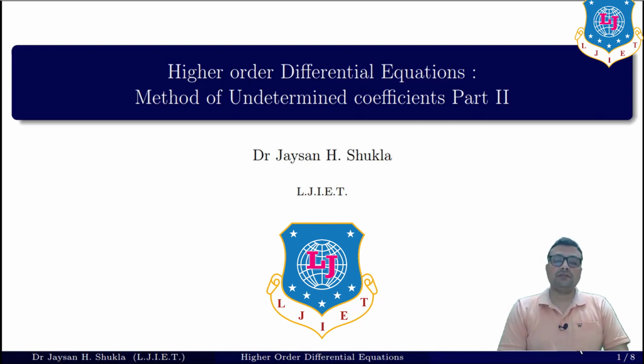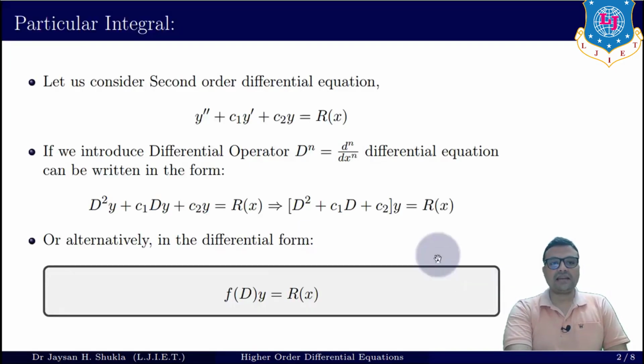Today, in this part, my focus would be on what to do if these two components, meaning the CF and the differential basis, are linearly dependent. So let us go through the method. The first step is to consider the equation in operator form, and for that I am taking a second order differential equation y double dash plus c1 y dash plus c2 y equal to r(x).